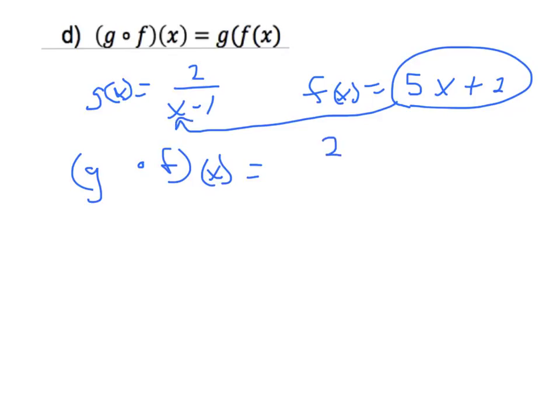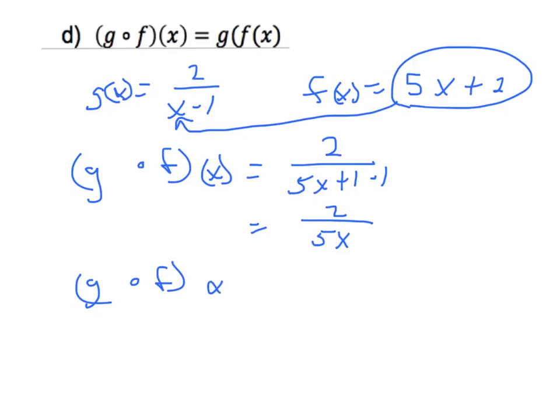So I will get 2 over 5x plus 1 minus 1. Now we can simplify that, because that simplifies down to 2 over just 5x. So that tells me that g of f of x is equal to 2 over 5x.